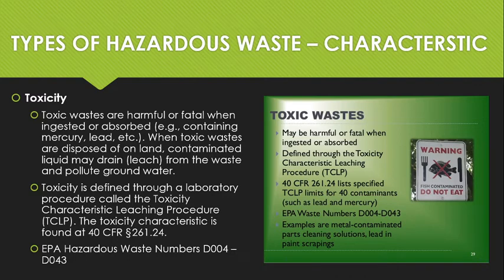Toxicity is defined through a laboratory procedure called the toxicity characteristic leaching procedure. That's called TCLP. So if you hear me say, oh, we're doing TCLP testing, TCLP metals, that's what we're doing: basically trying to see, is this a toxic hazardous waste? And that's the testing that we do for that. As you can see, the EPA hazardous waste numbers range from D004 to D043.